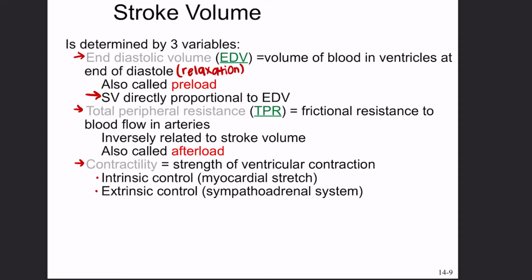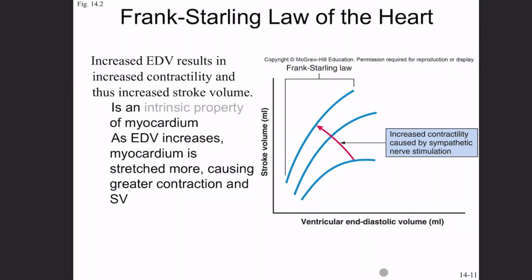This is done by the stretch of the cardiac muscle itself. Or extrinsic control. Extrinsic means outside, and notice that it says sympathoadrenal system. So this has to do with the sympathetic nervous system and the adrenal gland.